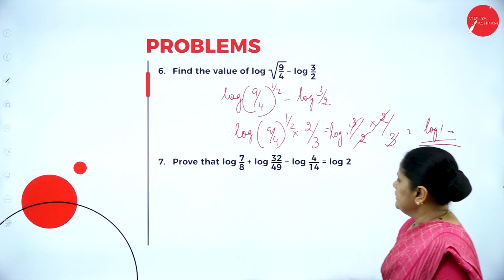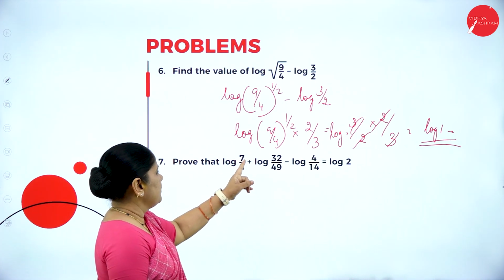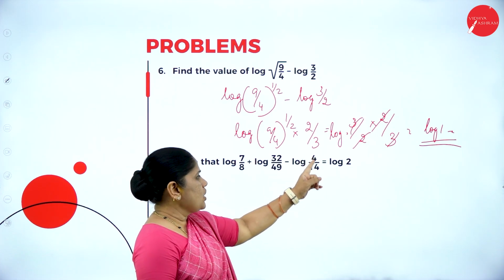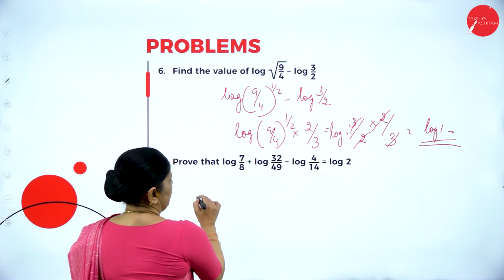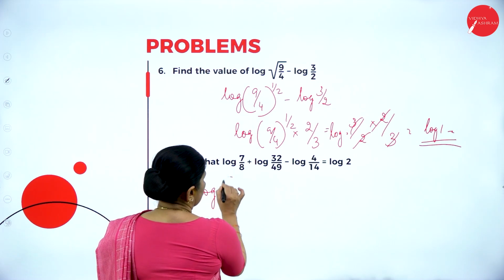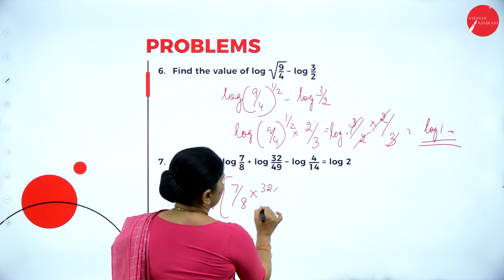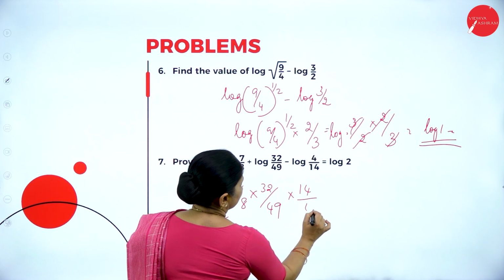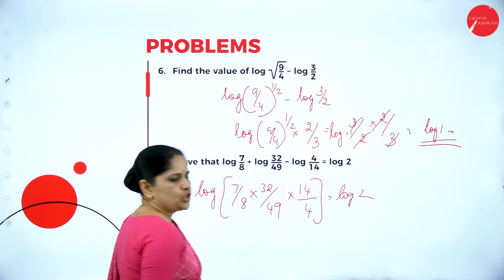The next one, prove that log 7 by 8 plus log 32 by 49 minus log 4 by 14 equals log 2. So I can write it as log of 7 by 8 into 32 by 49 into 14 by 4 equals log 2.